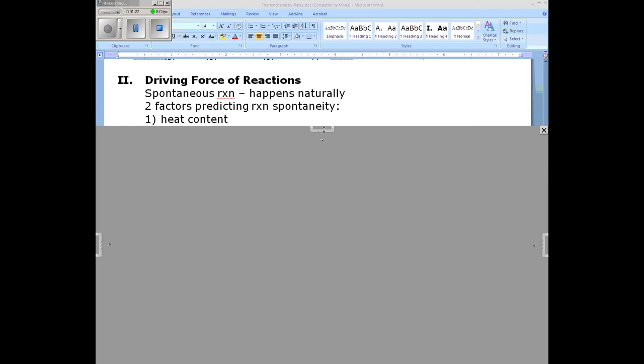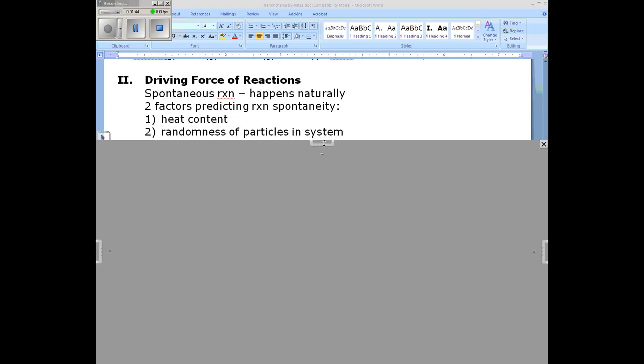Exothermic reactions are generally spontaneous, especially exothermic reactions that give off a lot of heat are generally spontaneous, but not always. The other one is the randomness of the particles in the system, and that is our entropy. I'll get to it.